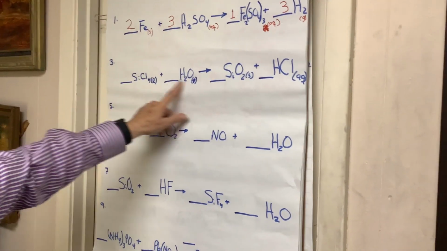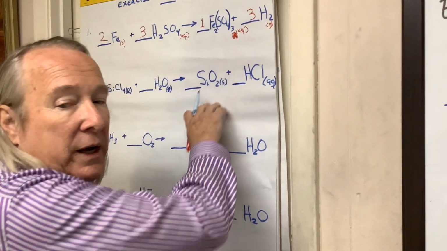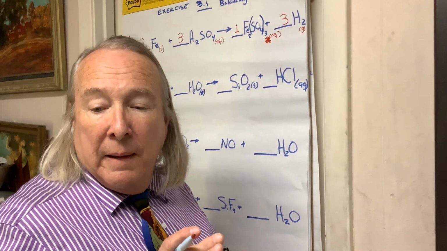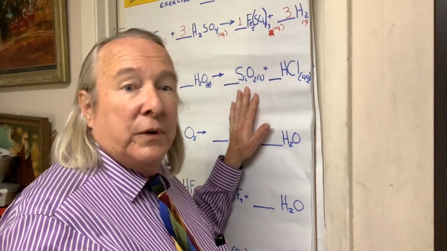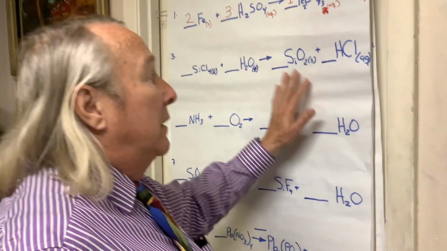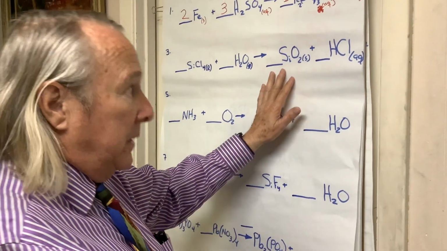Here, I'm mixing two liquids and a solid comes out. By the way, this silicon dioxide is silica, what you find in quartz, what you find in most of the sand in the world, a very common compound. You heat it up and cool it down, it becomes glass.